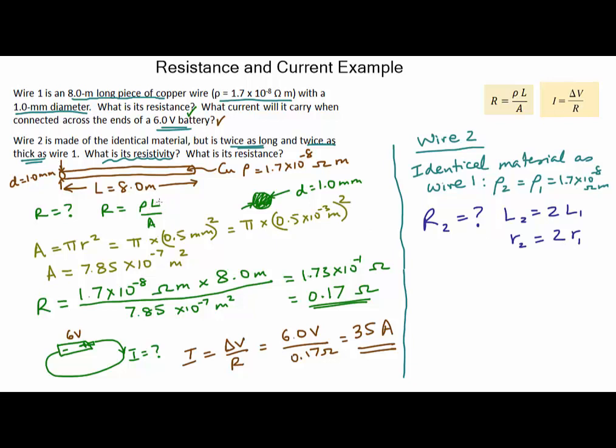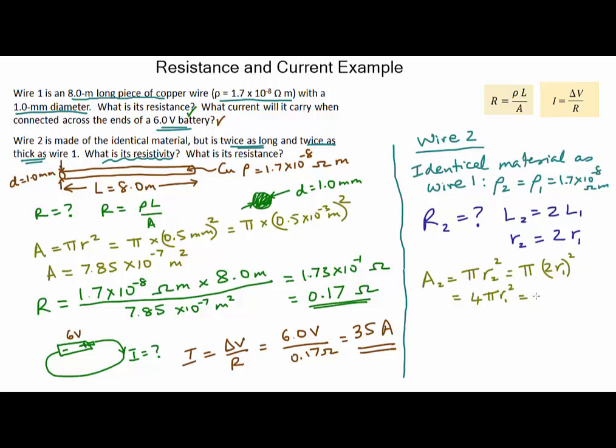So we know how length changes, but we also need to know how the cross-sectional area changes. So area 2 would be pi times r2 squared. And r2 is simply 2 times r1, so this would be pi times 2r1, the whole thing squared. And that squares the 2 as well as the r1, so this gives me 4 times pi r1 squared.